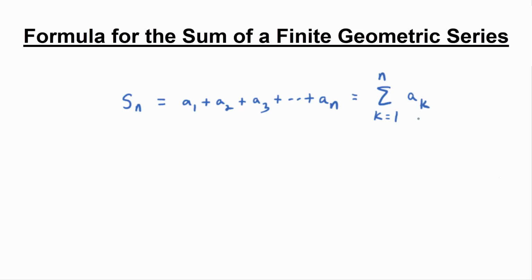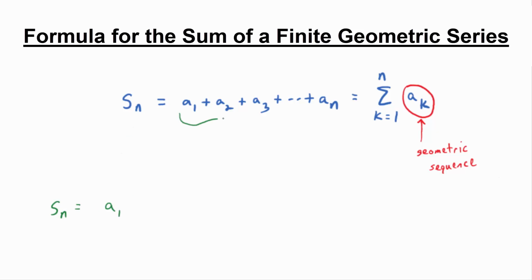Now, we're going to assume that this kth term formula, whatever it is, generates a geometric sequence. That's the assumption. So if you write out Sn using the nth term formula that we just developed, you get A1.